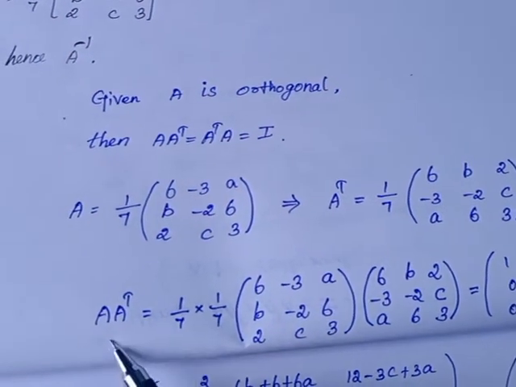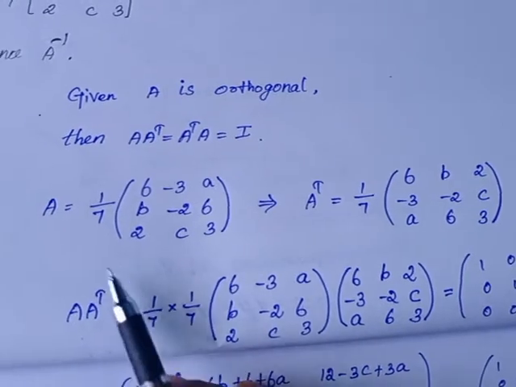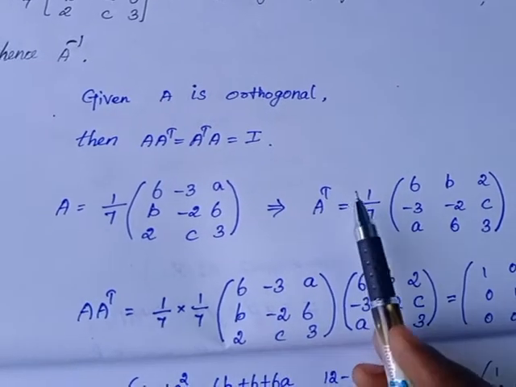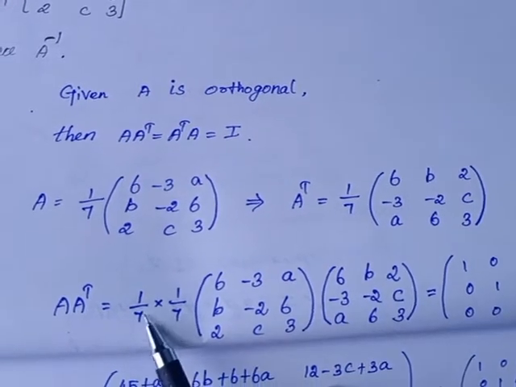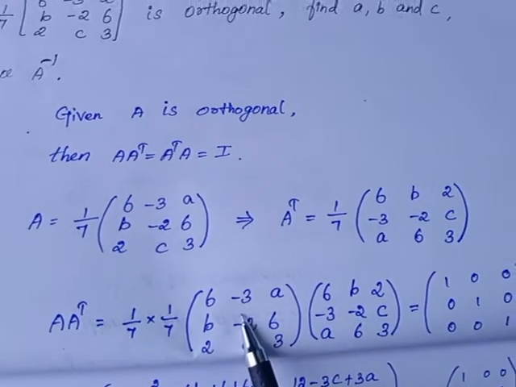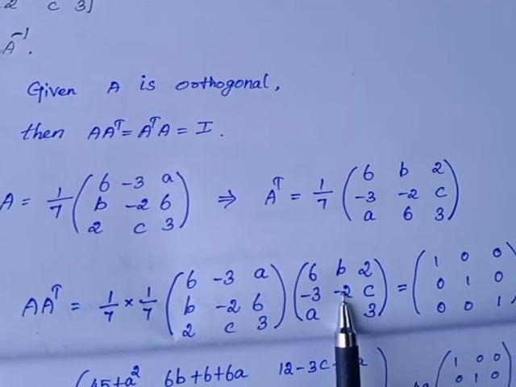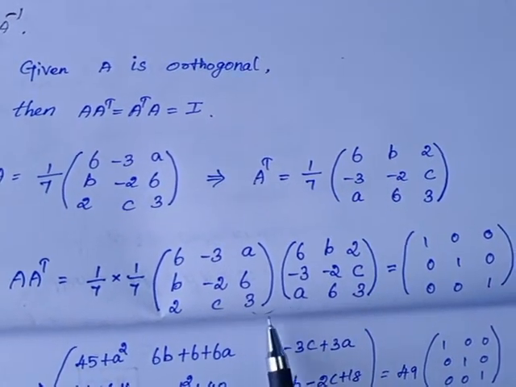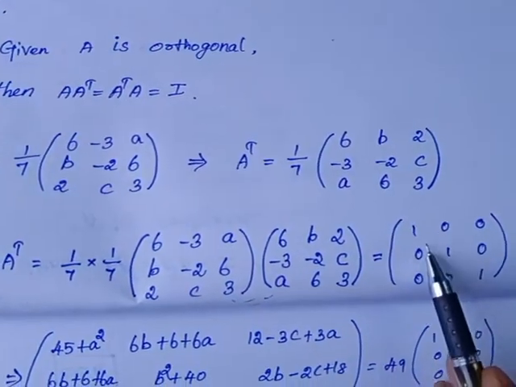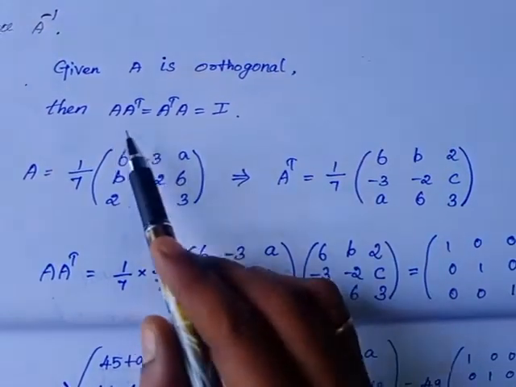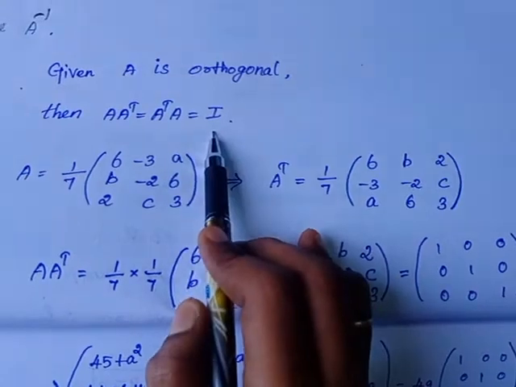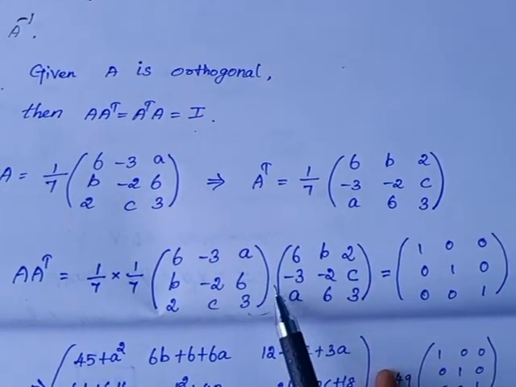Now the product of A and A transpose: A having the scalar 1 by 7, A transpose having the scalar 1 by 7, so 1 by 7 into 1 by 7. The first matrix is A and the next matrix is A transpose. The product of the two matrices gives an identity matrix, because we know A A transpose is equal to I. So we have to equate the product to the identity matrix.